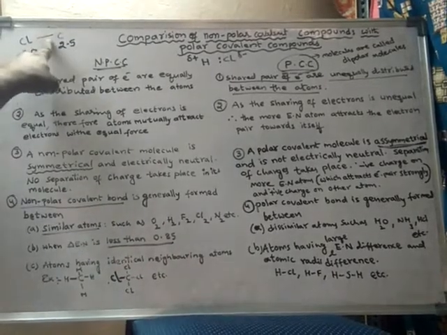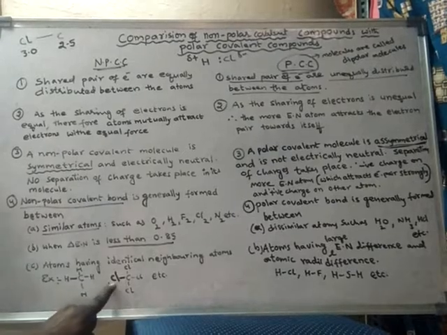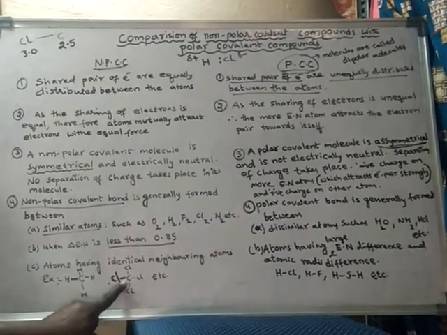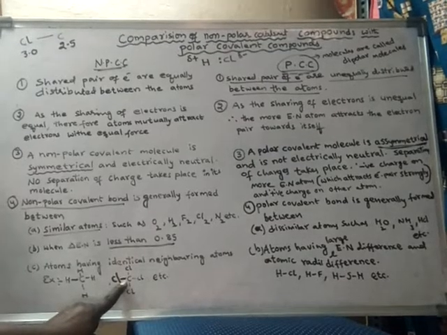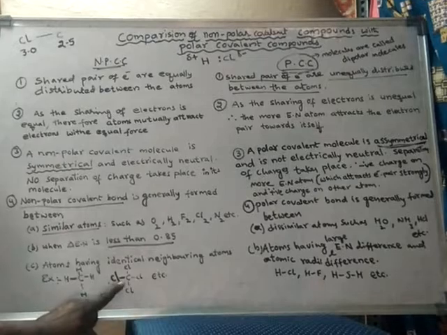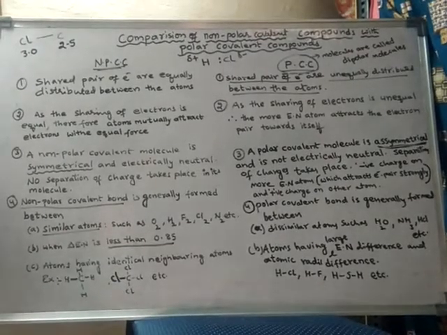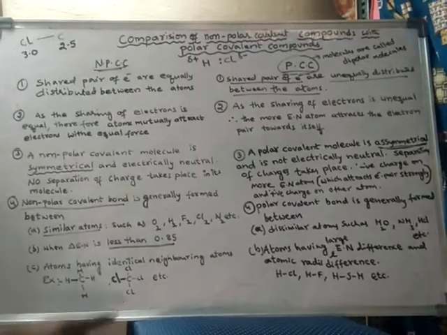Hence, the bond formed between carbon and chlorine is also a non-polar covalent bond. So this carbon is forming 4 non-polar covalent bonds with 4 different chlorine atoms. So like this.